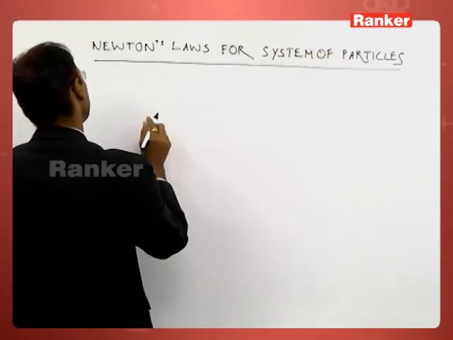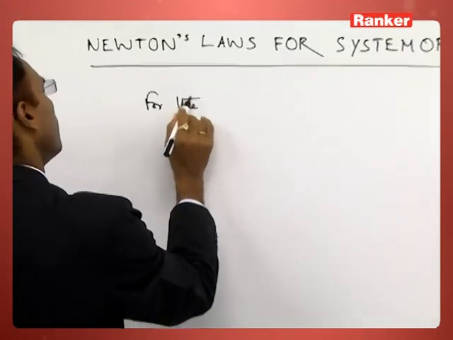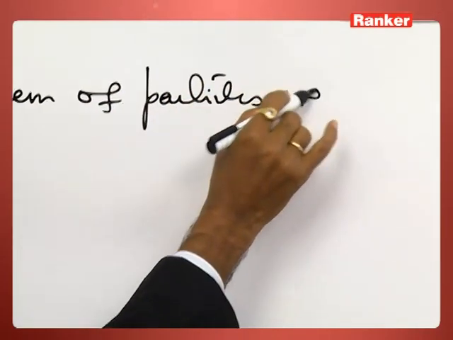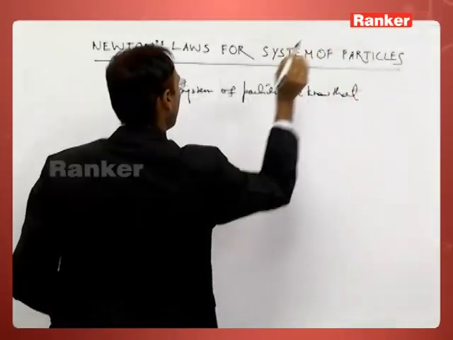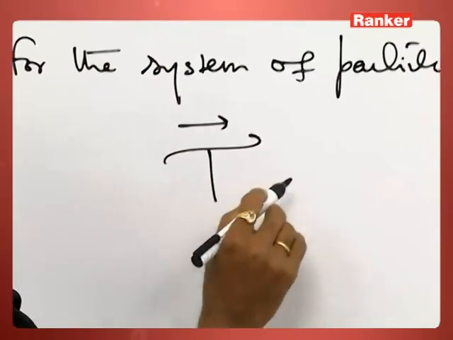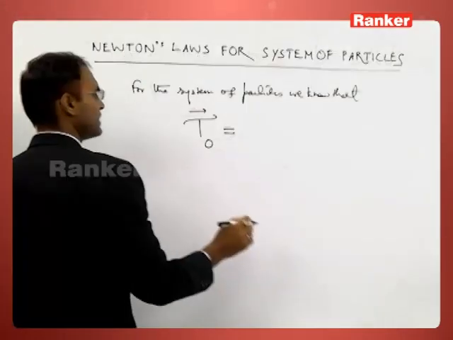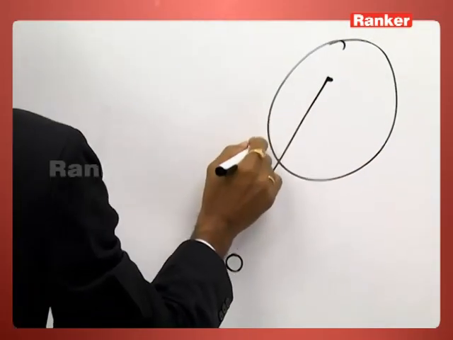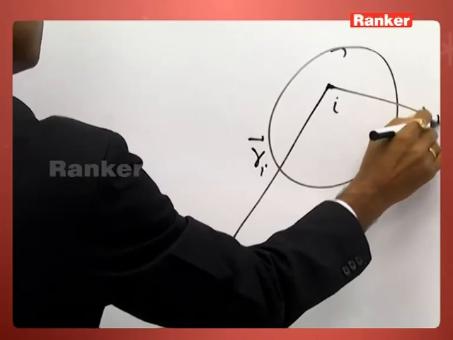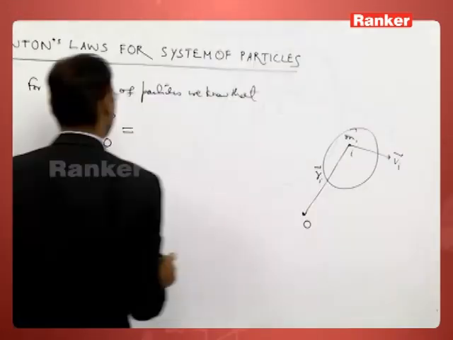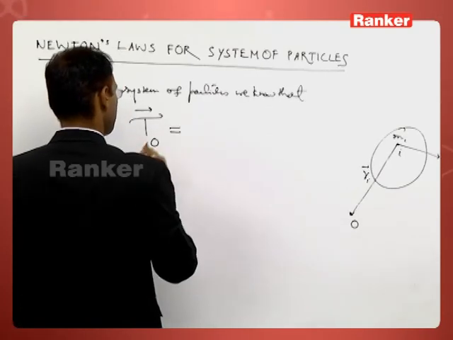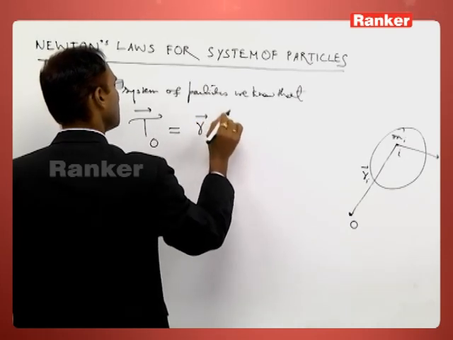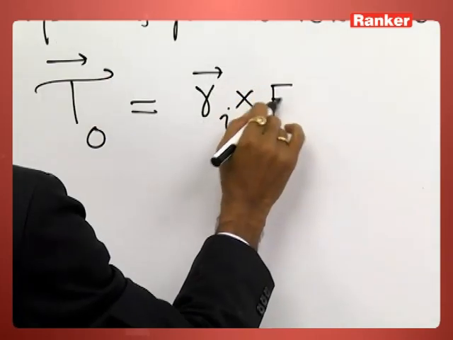For the system of particles, we know that tau, the net torque about any reference point, for the ith particle with velocity vi and mass mi, is given as Ri cross Fi.